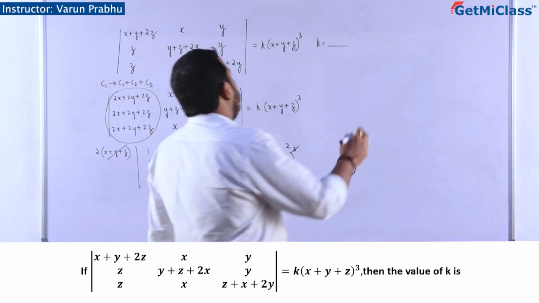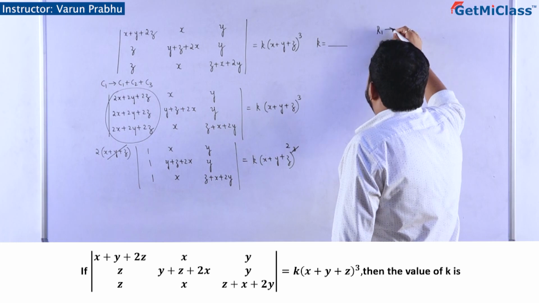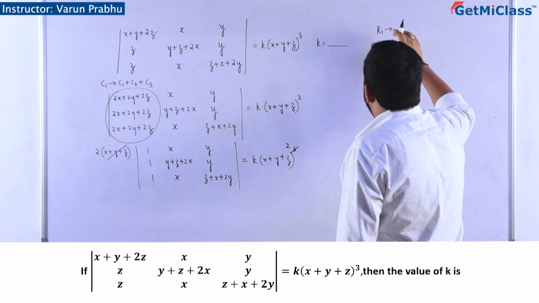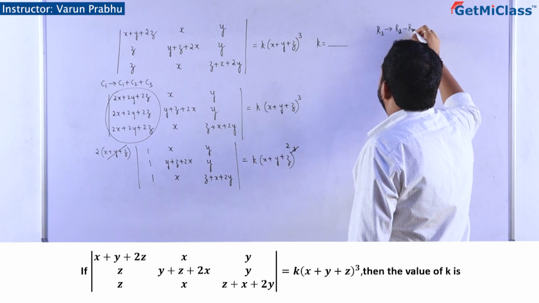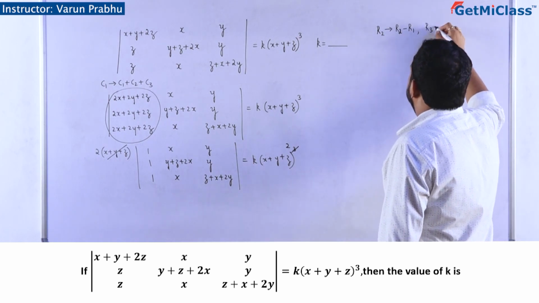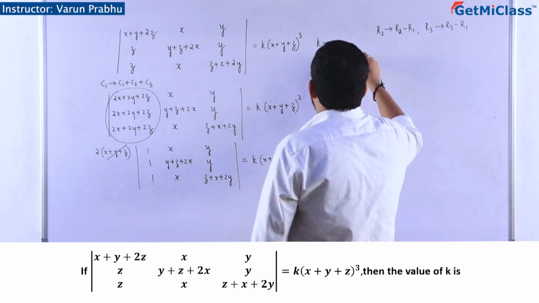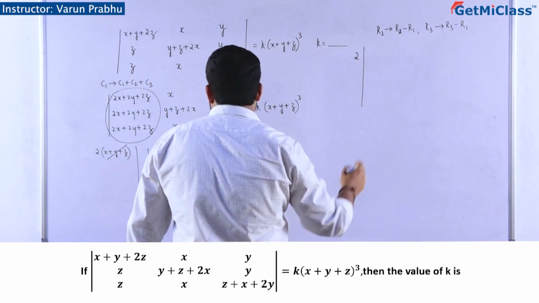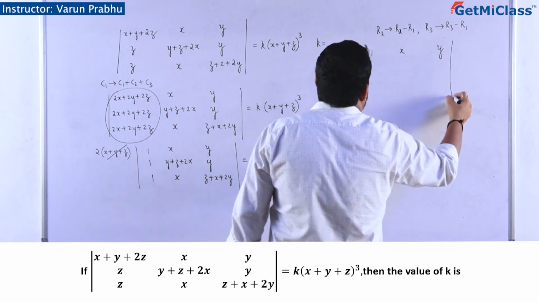So now I can write R2 transforms to R2 minus R1, and R3 transforms to R3 minus R1. If we transform this, what are we going to get here now? R1 doesn't get transformed, so 1, x and y will remain as it is.